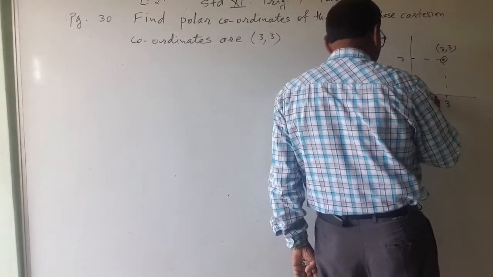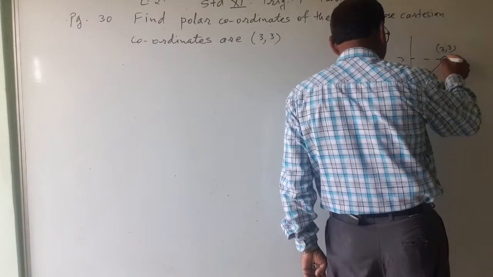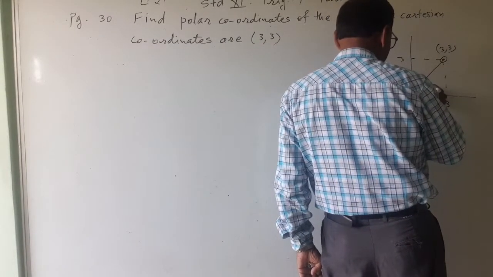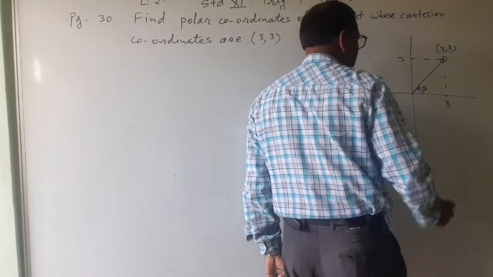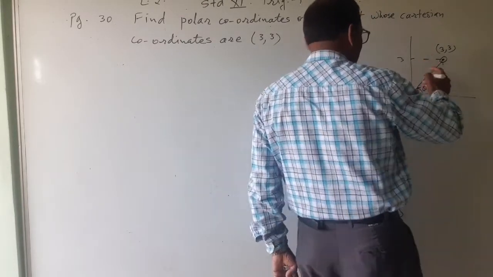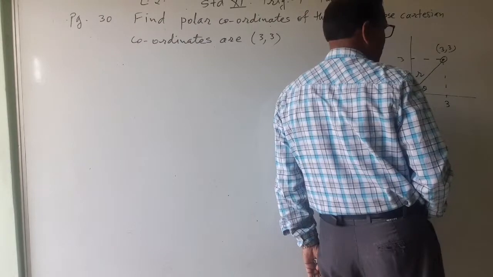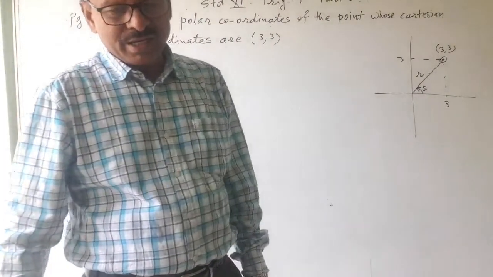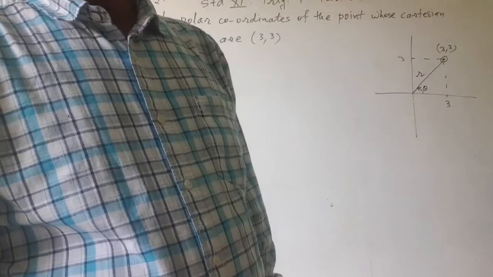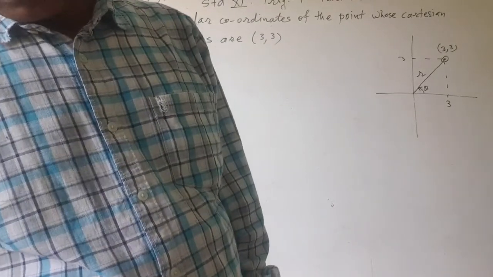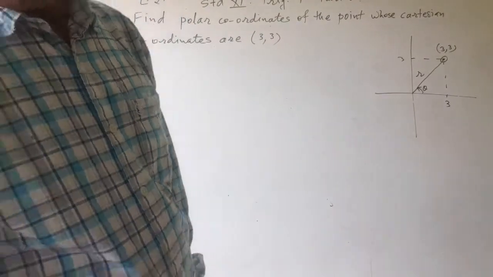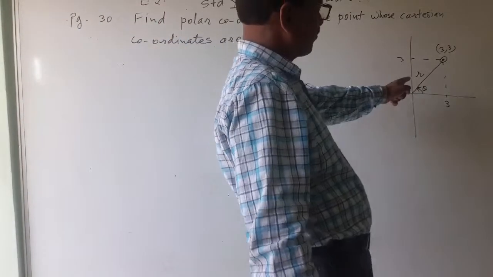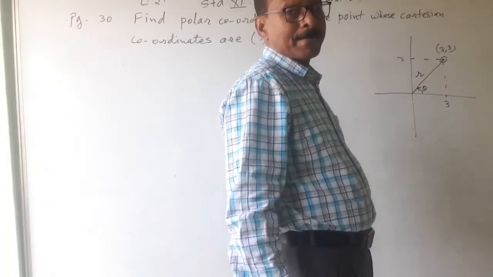If I plot like this and make this angle theta, then the length of this is called r, and the polar coordinates are written in the form r, theta. R, theta means the length of this arm and the angle.